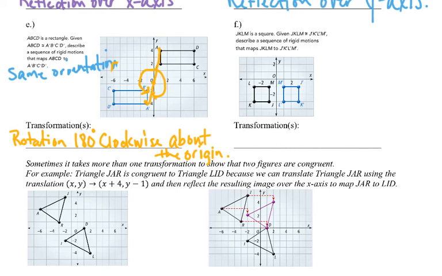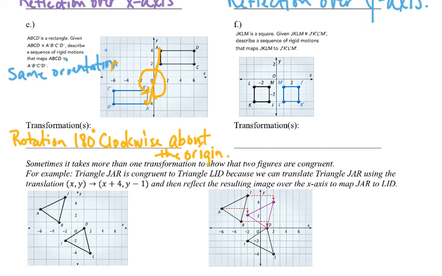The other thing we could have looked at, if we name this J, K, L, M, it goes J to K to L to M like this. So that's clockwise. And then J to K to L to M primes is also clockwise. So that tells us it's not a reflection as well. So it must be a rotation.